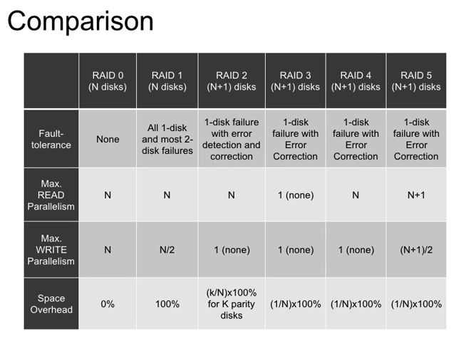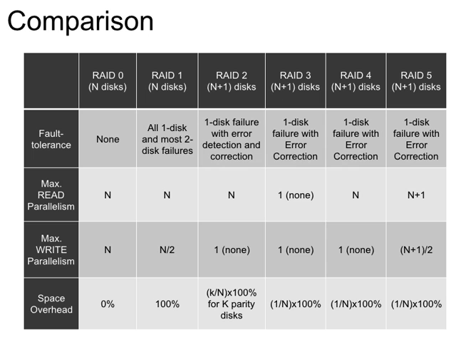In terms of IO parallelism, with RAID 0 you can perform n read operations at a time and n write operations in parallel. With RAID 1, note that for read operations, you can read from either the primary disk or the mirror disk. So as a result, you can in fact perform n read operations in parallel.